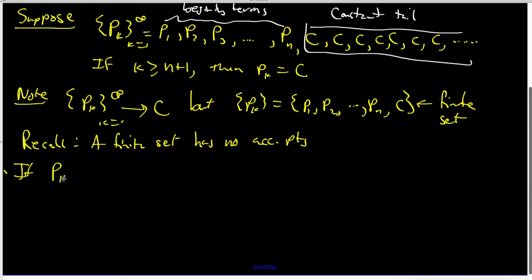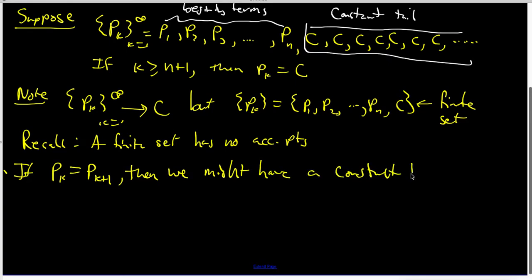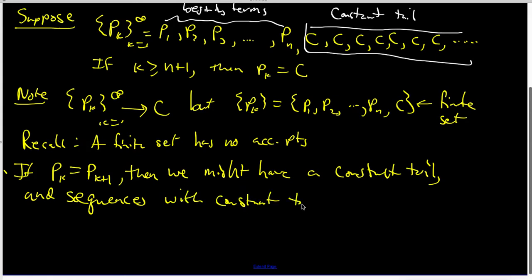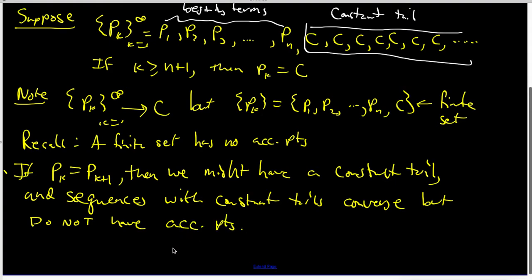If it turns out that p_k can be equal to p_{k+1}, then we might have a constant tail, and sequences with constant tails converge, but do not have any accumulation points because they're finite sets.